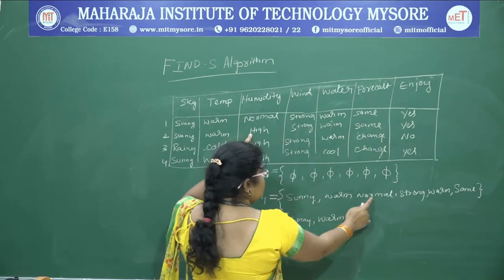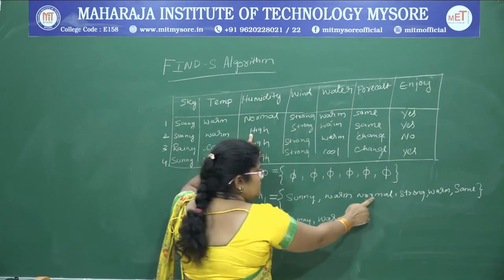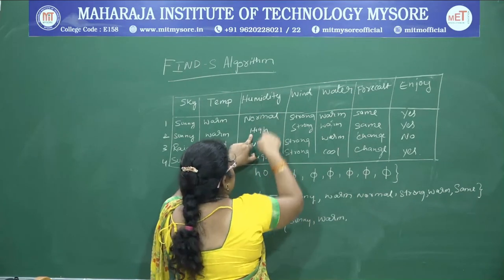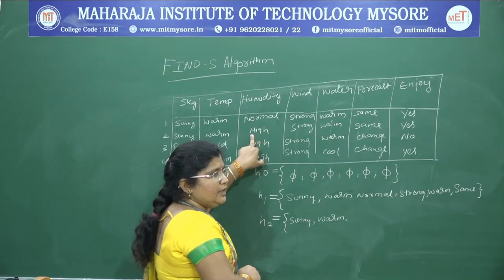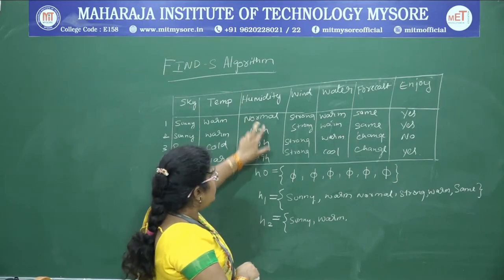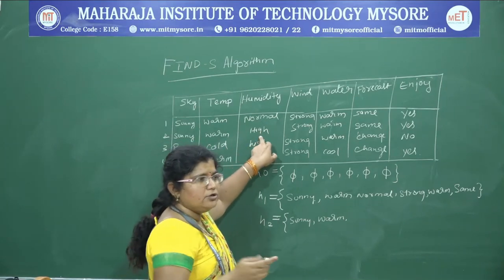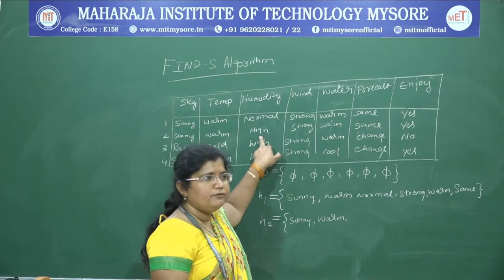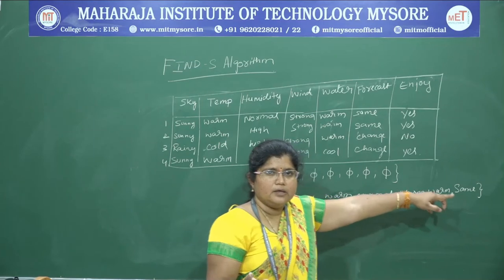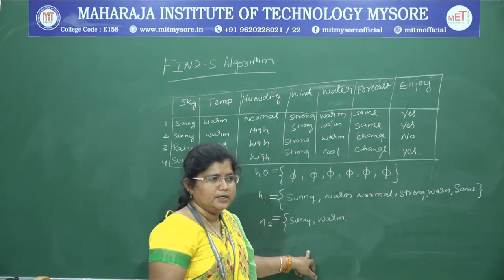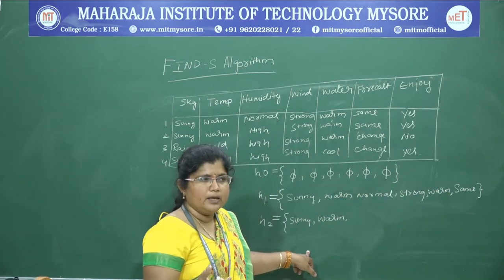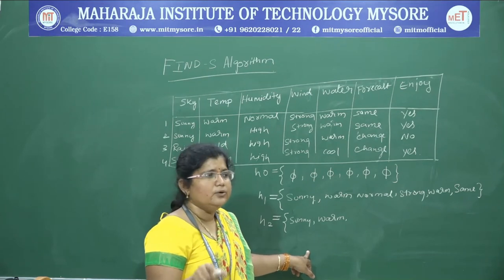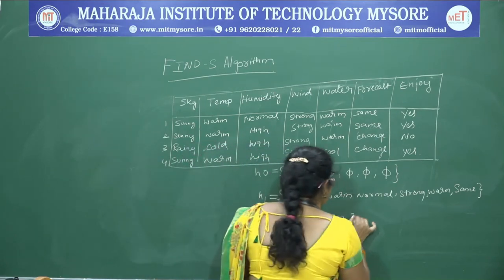Next, high and normal. When you look at these two values of the attribute humidity, once it is normal and next it is high. So normal and high both are acceptable for the positive training example. So we should mention here, instead of high or normal, we should replace that value by the question mark.